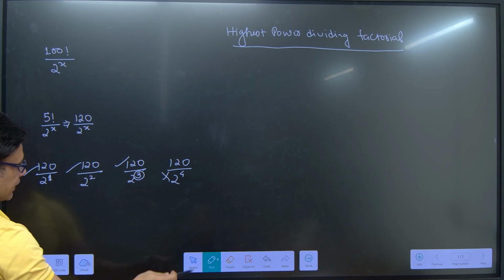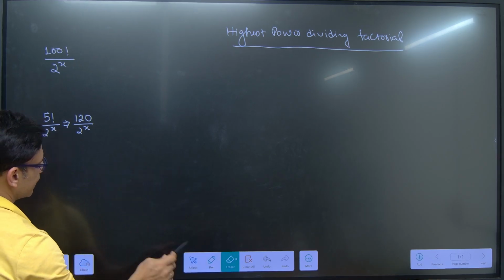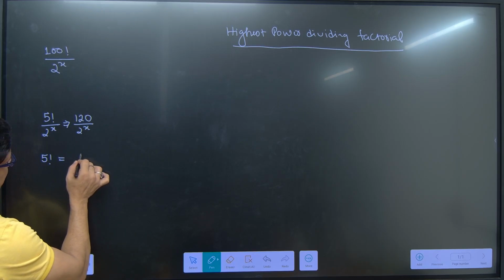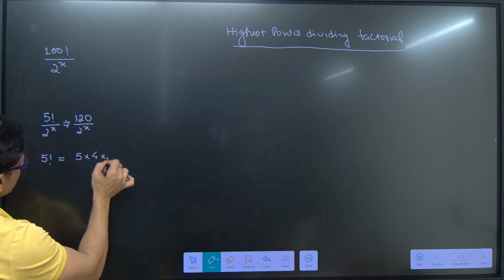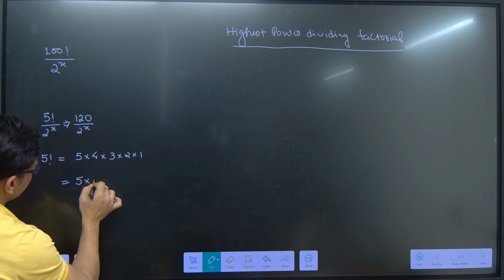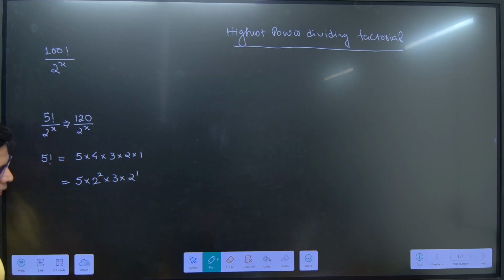Now let's see where this 3 came from. First, 5 factorial expanded: 5 into 4 into 3 into 2 into 1. That is 5 into 2 square, 3 into 2 raised to the power 1.